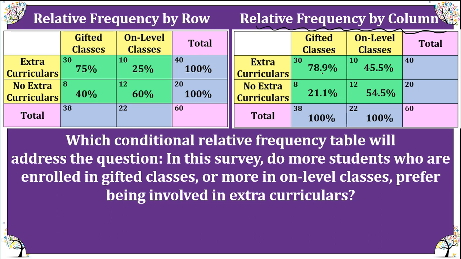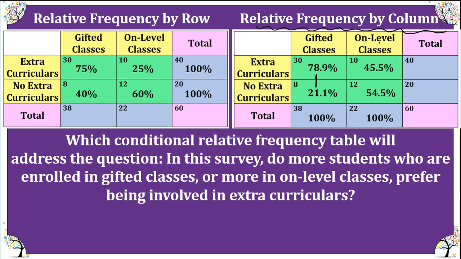Those that are in gifted classes, almost 80% participate in extracurriculars than those that do not participate. So if you are in a gifted class, I can pretty much predict that you're going to participate in extracurriculars. There is a big gap between these two.